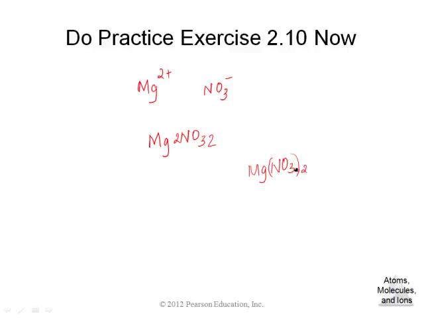Okay? Now let's do the practice problem. Write the empirical formula for the compound formed by Na+ and PO4 3-. So again another polyatomic group, its charge is 3-. So this 3 will go for Na. So we will get Na3, right?